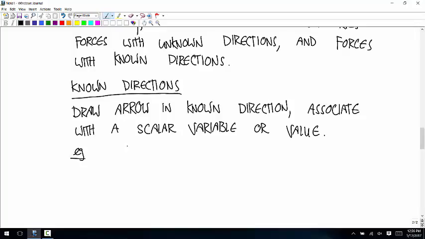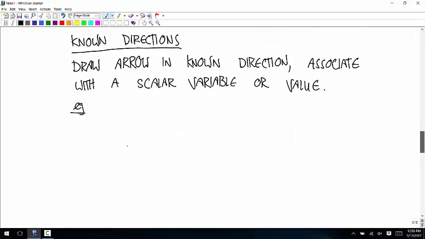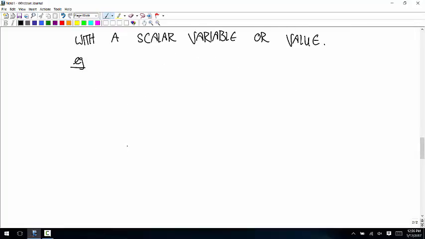So for example, if you have a mass that's connected, let's say this has a mass of 10 kilograms, and it's connected to a cable that attaches to the wall over there and another cable that attaches to the wall over here.